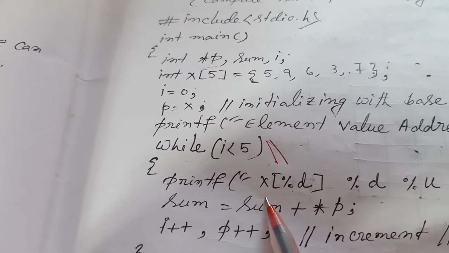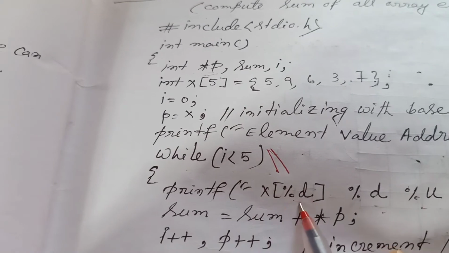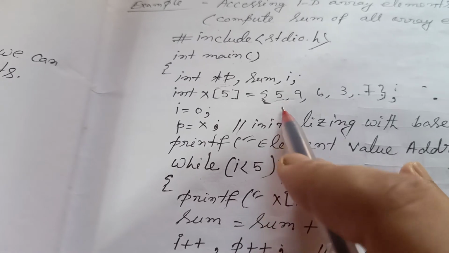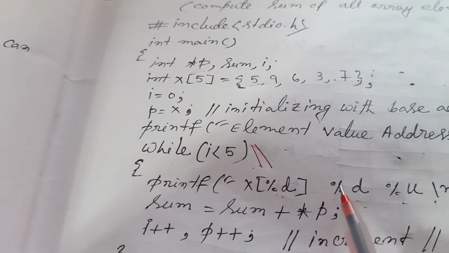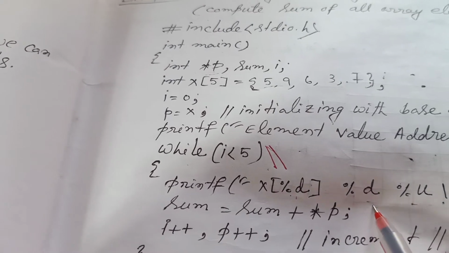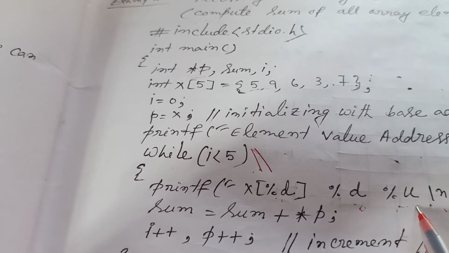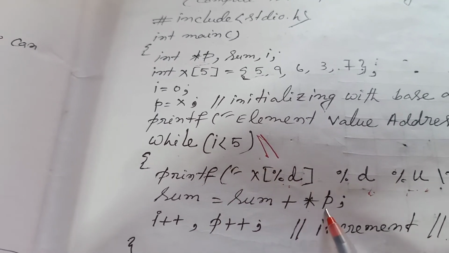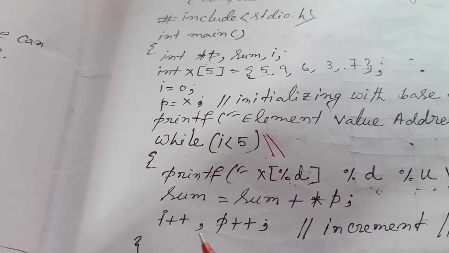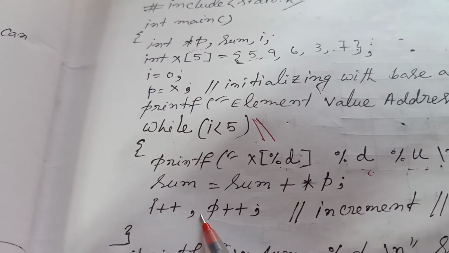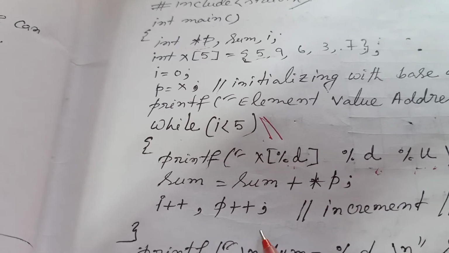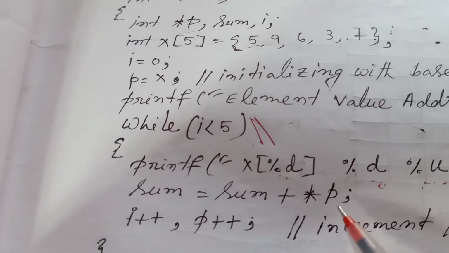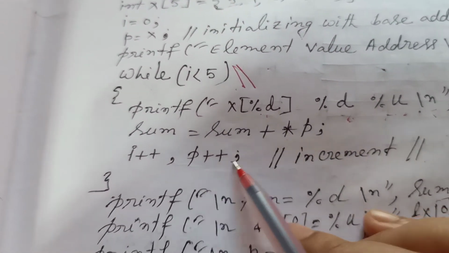That means x[%d] is where we put the array elements one by one, then its index value, then its address value. Now sum = sum + *p, and then increment i++ and p++, with the increment of the i index value and the pointer value p.